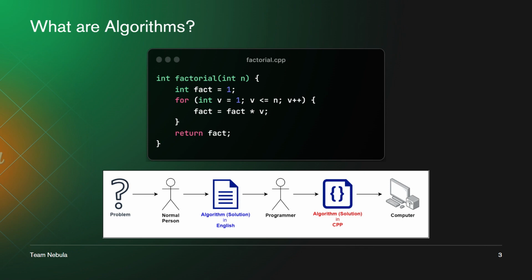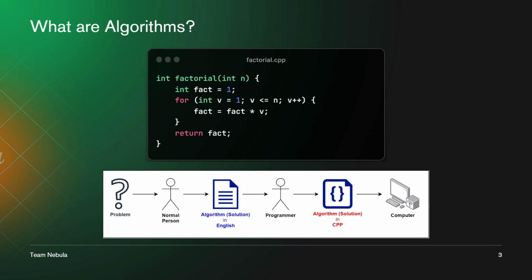This C++ code defines a function named factorial that takes a positive integer n as an argument and returns its factorial. Inside the function, an integer variable fact is initialized to 1. The function then uses a for loop to iterate through every value v from 1 to n inclusive.